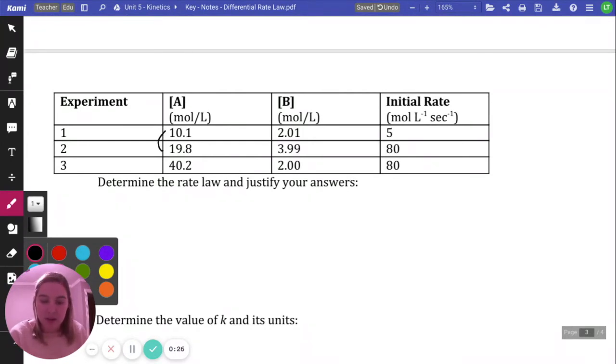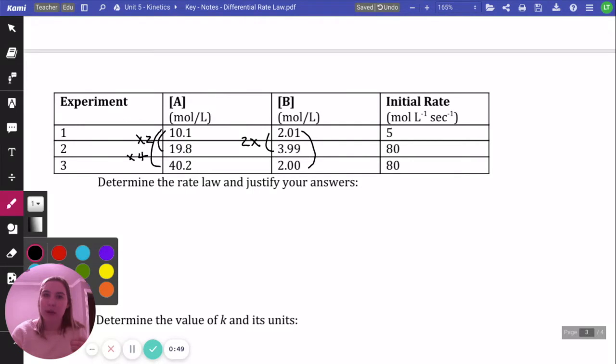Here we see that it basically doubles, not exactly, then from there to there, it's multiplied by 4. You can see with B that from trial 1 to 2 it doubles, but it stays the same pretty much from trial 1 to trial 3. So I need to figure out my order.